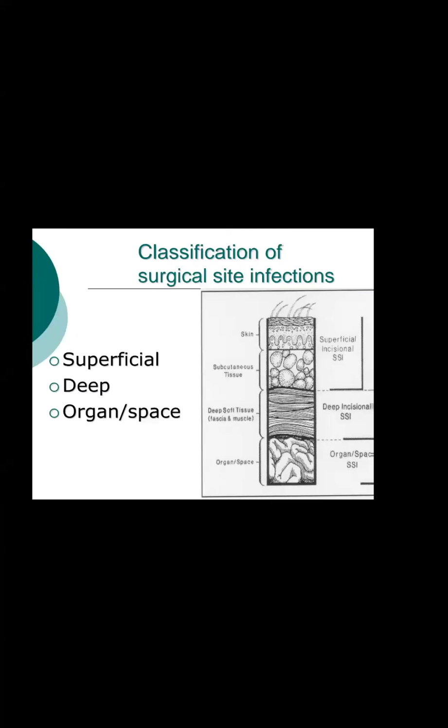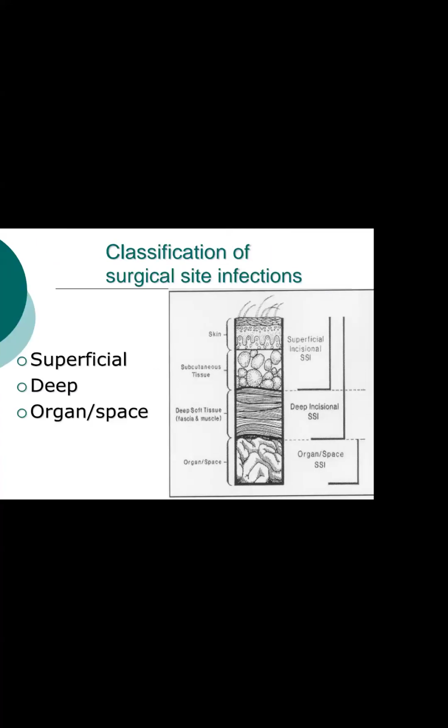Classification of surgical site infections. We all know there are three types as per the CDC guidelines: superficial incisional, deep incisional, and organ or space surgical site infection. What are the common sources of pathogens? The pathogen is the endogenous flora of the patient's skin.